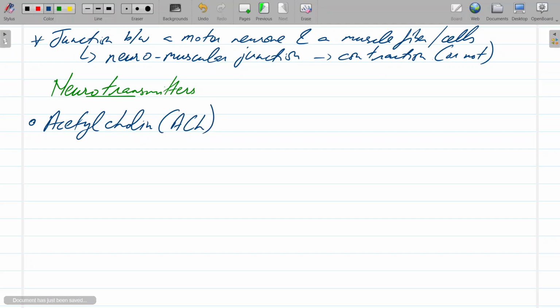It is made using ATP, and so neurons have a very high density of mitochondria. The nerves that use acetylcholine are called cholinergic neurons.